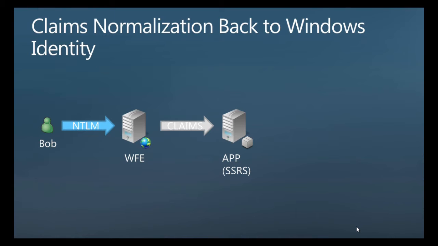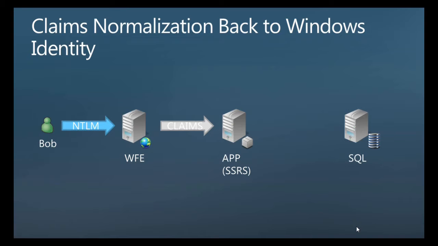So let's take a look at the following scenario. If we have Bob, and Bob's going to authenticate with, let's say, NTLM to the web front end. And then Bob is going to pull up a SQL Server Reporting Services 2012 report on the application server. The application server is going to authenticate Bob using the claim that the web front end provides.